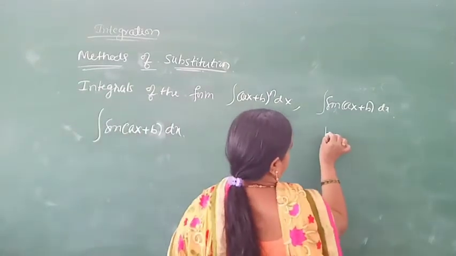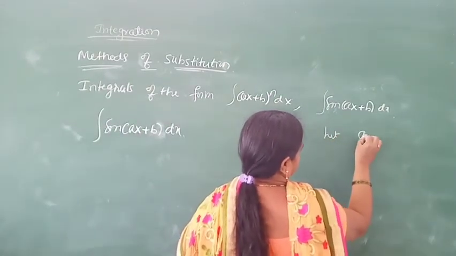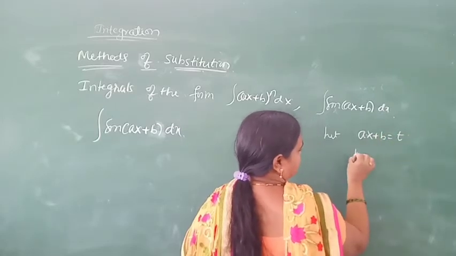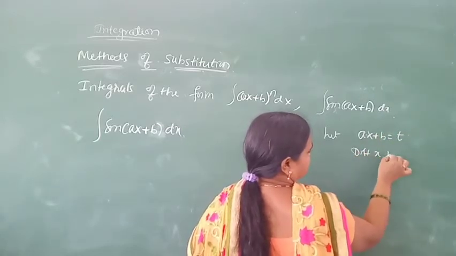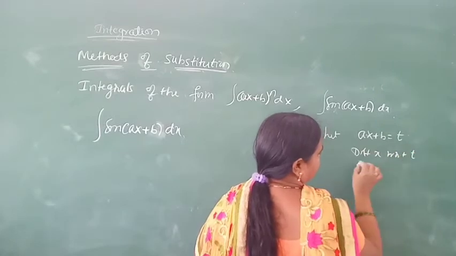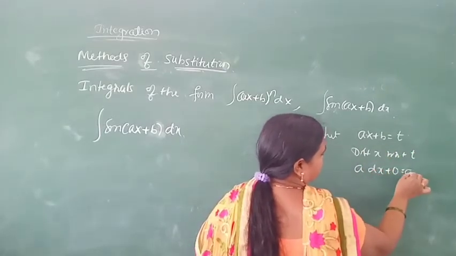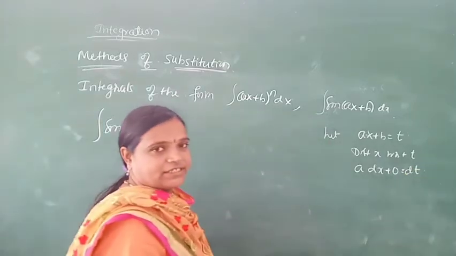Let us consider ax plus b is t. Do the differentiation of x with respect to t. a as it is, differentiation of x is dx, constant is 0, we get dt.